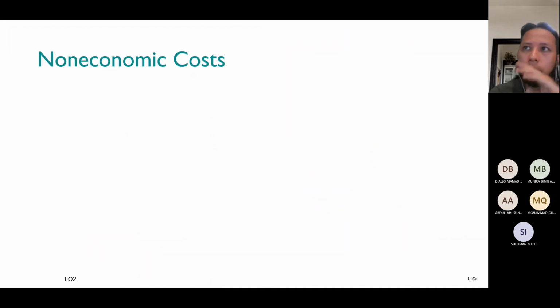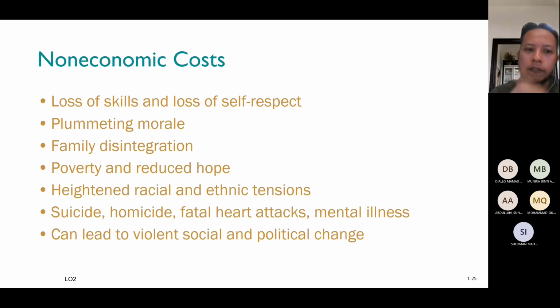Yeah, so there is also the non-economic cost because of unemployment. So there are many effects of unemployment. Basically, if you are unemployed, you have loss of skills and loss of self-respect. There's plummeting morale. There's family disintegration, because you don't have any income, and it will cause destruction to the family, and then cause poverty, reduce hope, and heighten racial and ethnic tensions.